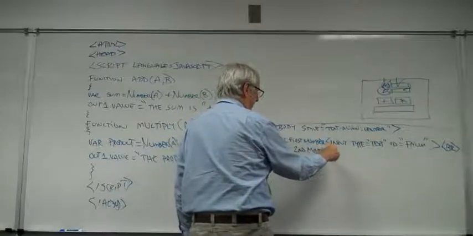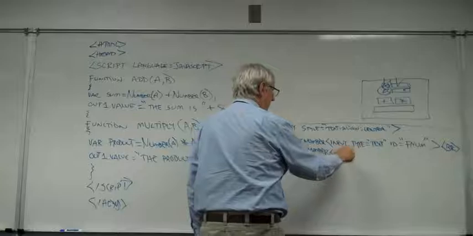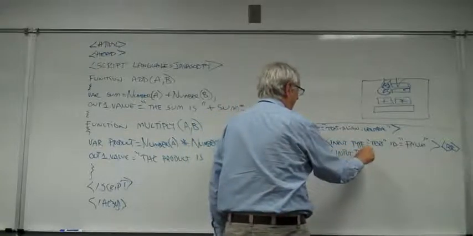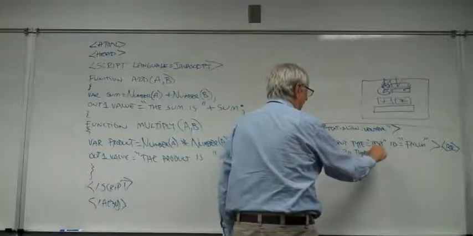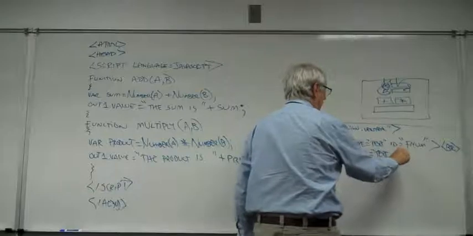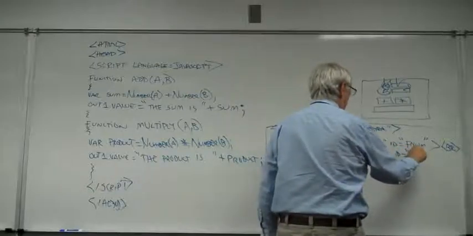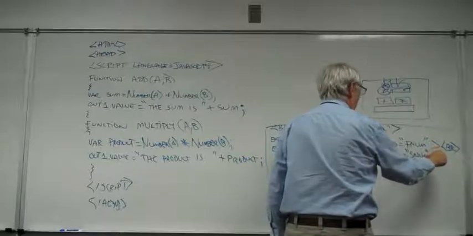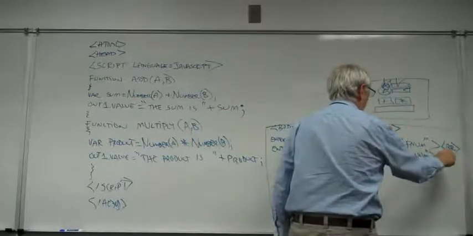If you guys can't read it, let me know. Input. Type equals text. ID equals second number. BR.